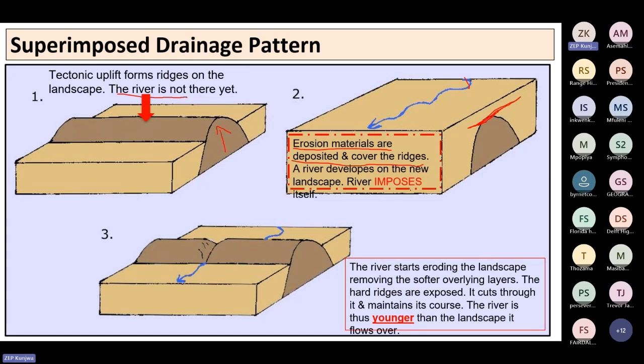You see here? So in this particular case now, this landform here is older than this river. This river is younger. So the landform started to form, and then the river formed last. So that is your superimposed drainage pattern.